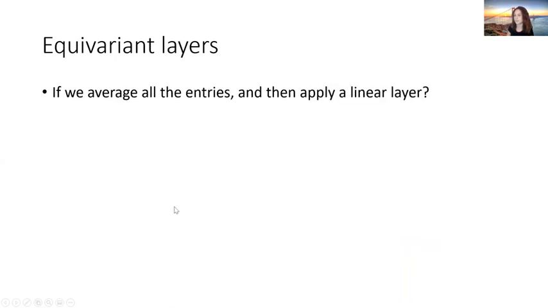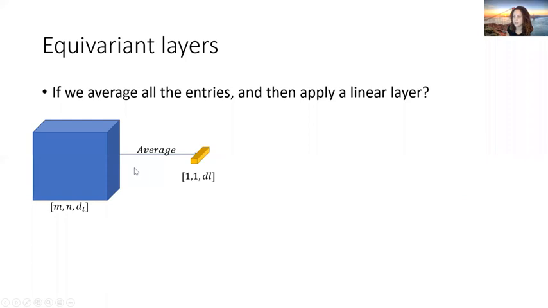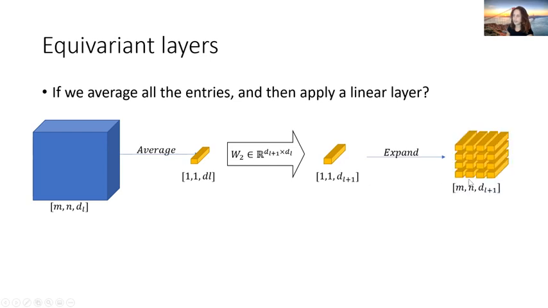Now for the second operation, let's say that we average all of the entries in the first and second dimension, and I get a tensor which is 1 by 1 by dl. And then I apply this weight matrix to get a new representation, and finally expand it so that it will be in the dimension of the input.